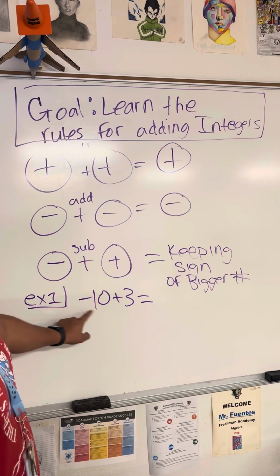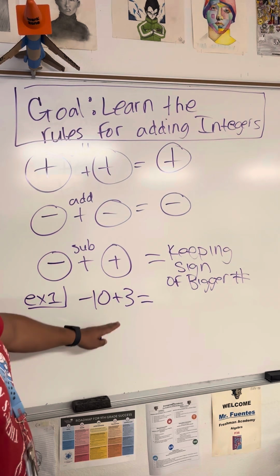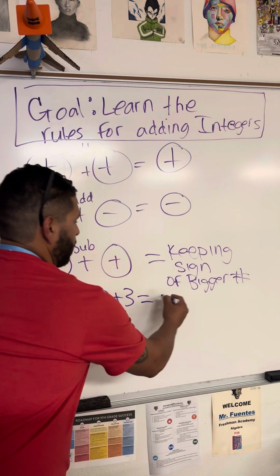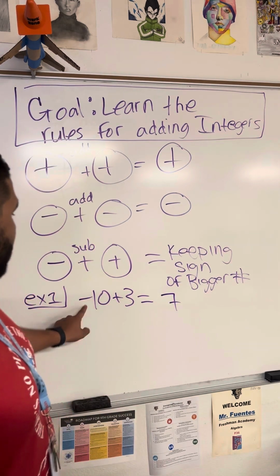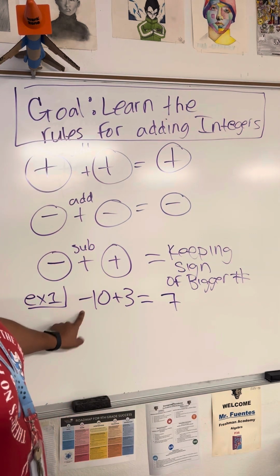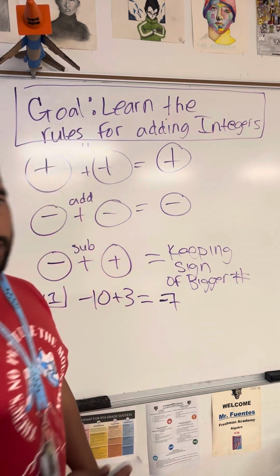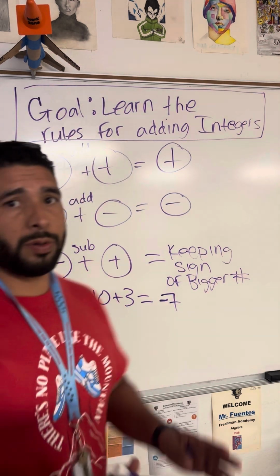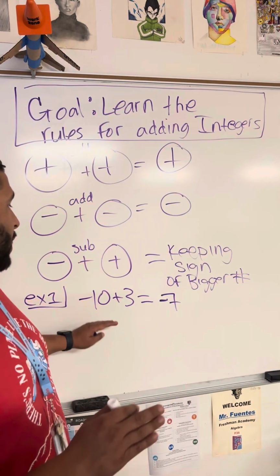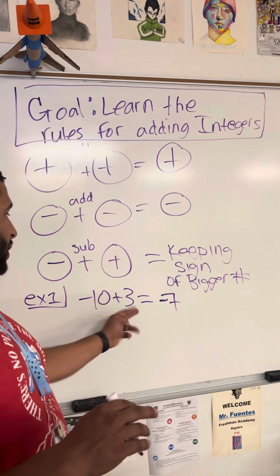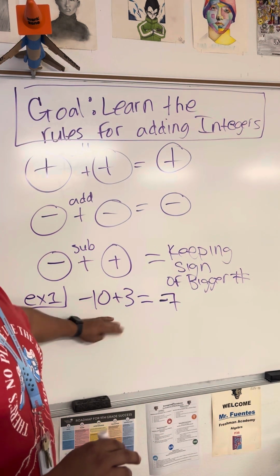So negative 10 plus 3, subtracted, is 7. But since negative 10 is the larger number of the two, I'm going to keep the negative sign. So that's how you would do it when you have a negative and a positive. It doesn't matter which position the negative sign is in, it's always the same thing.